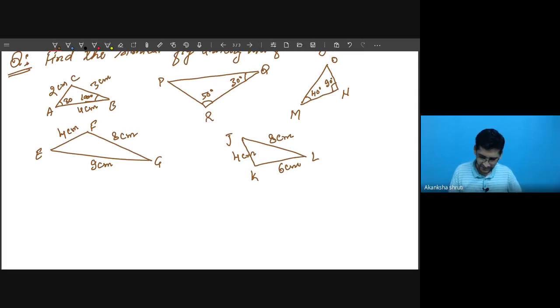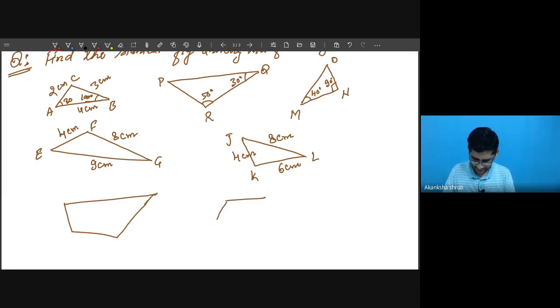Now let me take one more figure, a quadrilateral. Let us take this as, say, 100 degrees. This is 110 degrees.